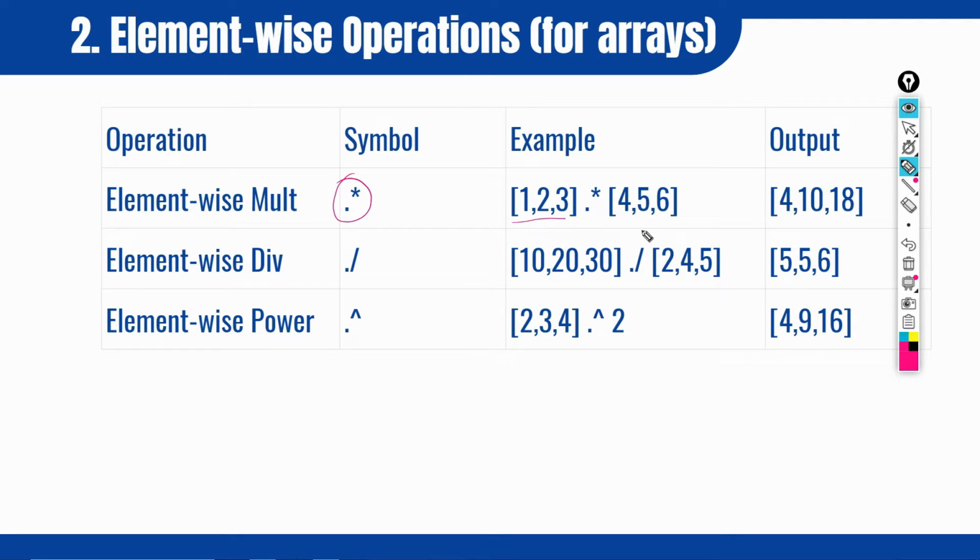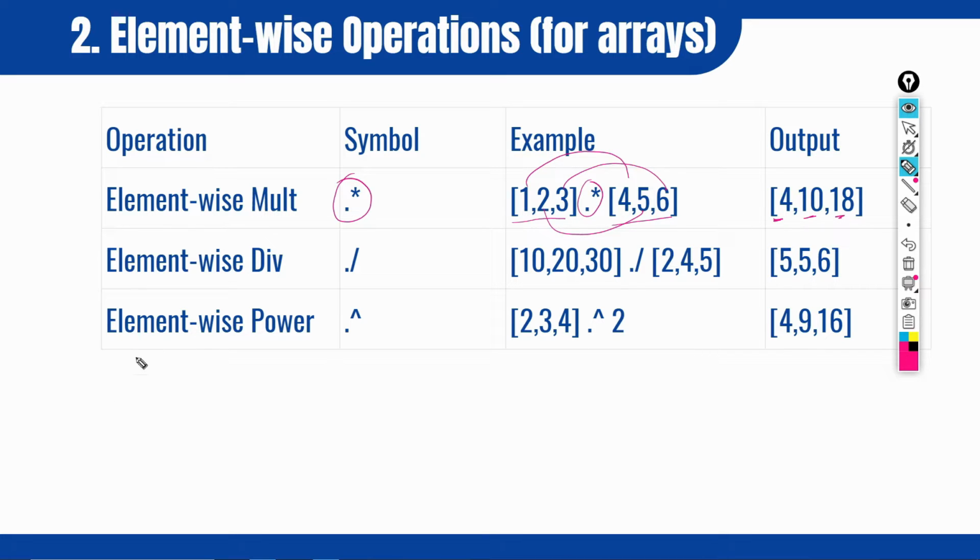This is the first array, this is the second array, and we want element-wise multiplication. So in that case, when you use this symbol, this will return 1 into 4, 2 into 5, 3 into 6. So 1 into 4 will be equal to 4, and 2 multiplied by 5 will be 10. Similarly, 3 multiplied by 6 will be equal to 18.